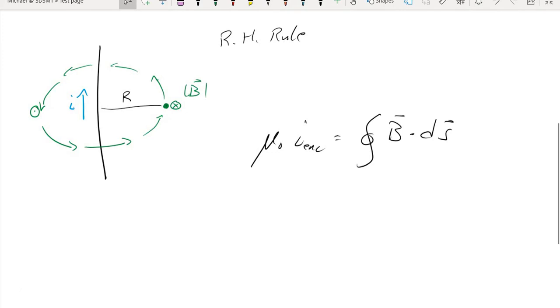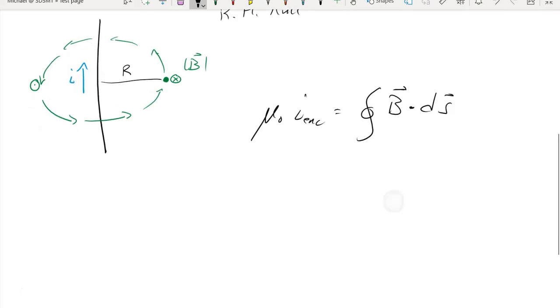And so Ampere's law says after you take care of the dot product relationship, then you can take your integral and rearrange for your magnetic field and you're done. What took us about half an hour to derive using the calculus approach should now only take us a couple of minutes using Ampere's law.